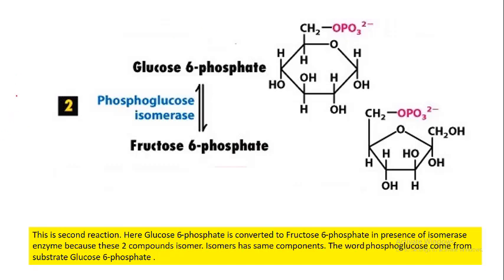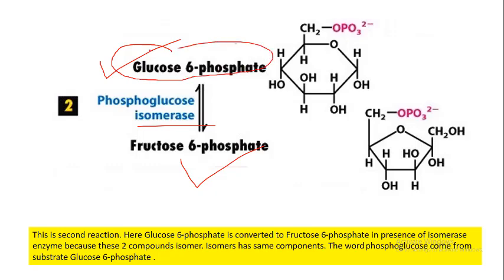This is the second reaction. Here glucose 6-phosphate is converted to fructose 6-phosphate in presence of isomerase enzyme, because these two compounds, glucose 6-phosphate and fructose 6-phosphate, are isomers. Isomers have the same components.